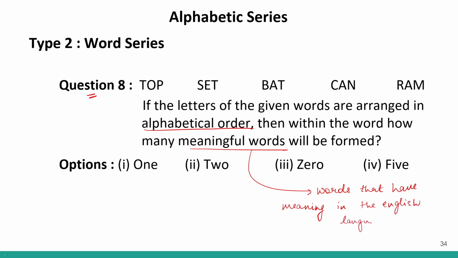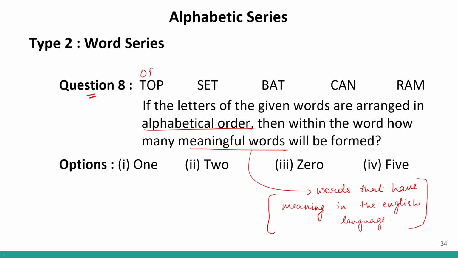I told you that if we have words like, let's say, Coca-Cola, Fanta and Britannia, these are very common household words, but these are not meaningful. These are brand names. So you have to pay attention that they should be meaningful according to the English language. So first we will arrange them in alphabetical order within the words.